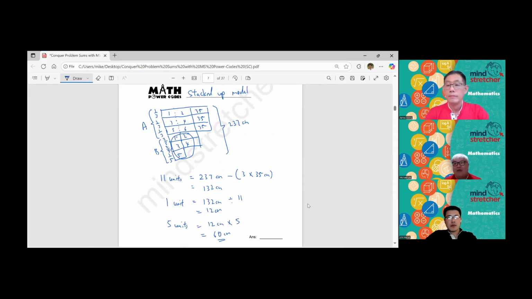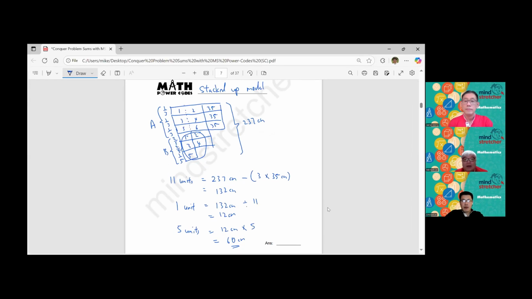So I have reduced the screen a little bit so y'all can see the model together with the solution. Anyone still copying? If no, then I will move on already.